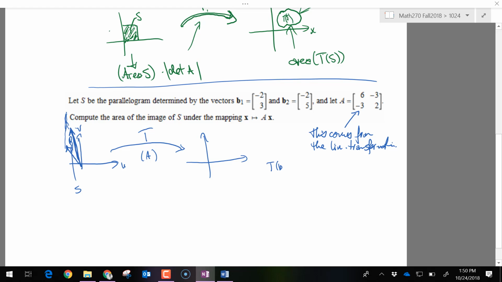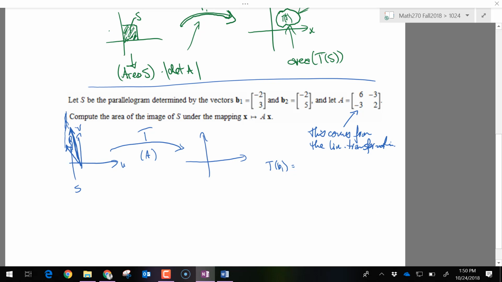T of B1. We're going to figure out where B1 goes. T of B1 is going to be A times B1. Let's be tedious about this. So that's 6, -3, -3, 2, applied to the B1 vector, -2, comma 3.